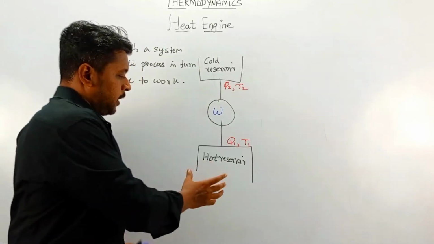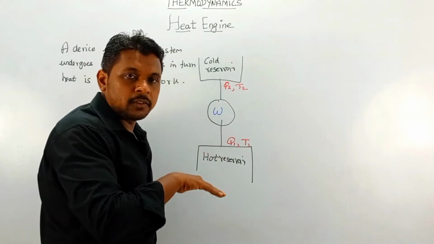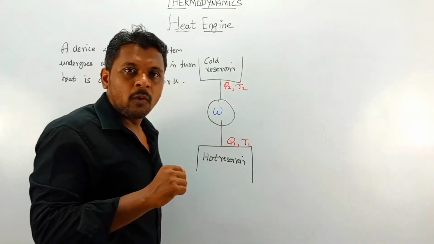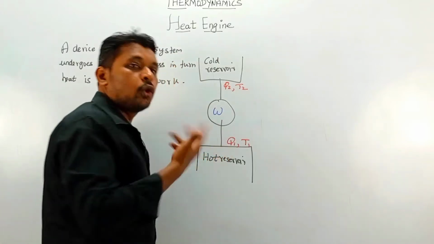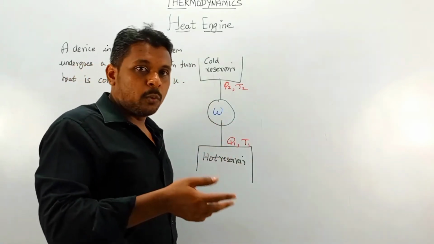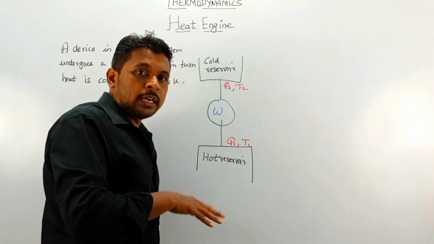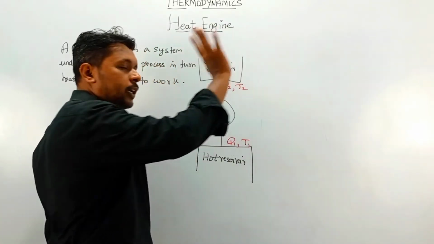From an external source, heat is being given to the system. That heat is taken as Q1 at temperature T1. With the heat as the input, the system does some work on the environment.